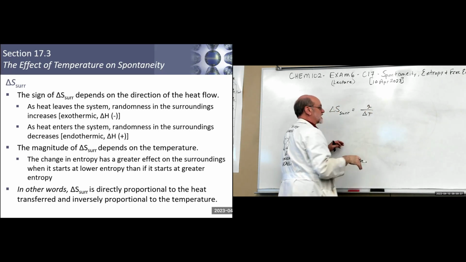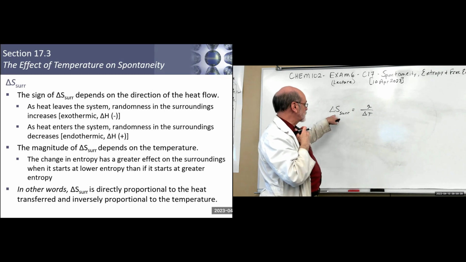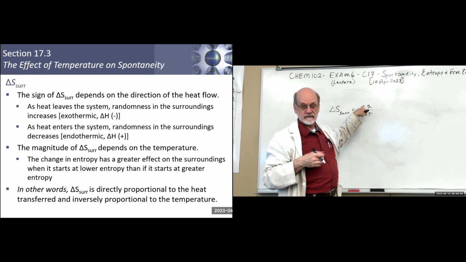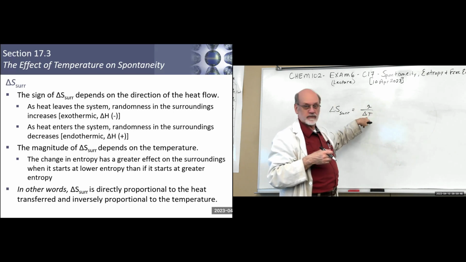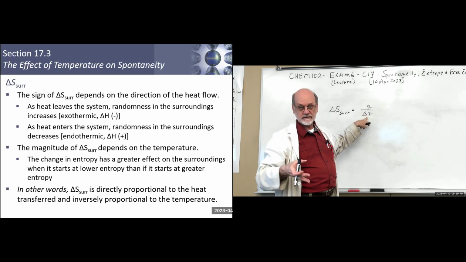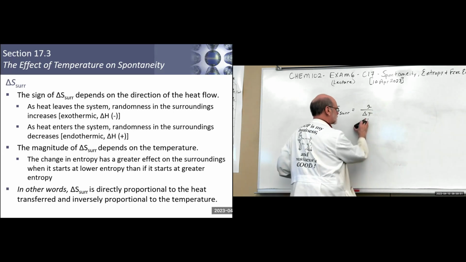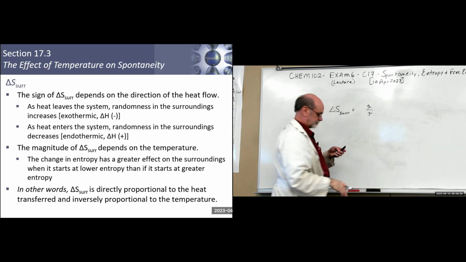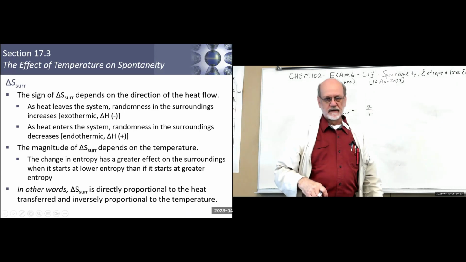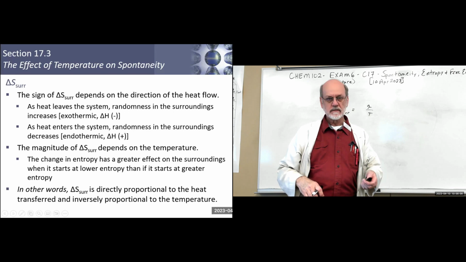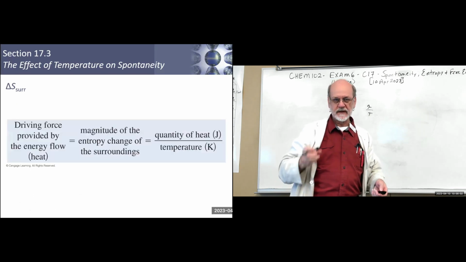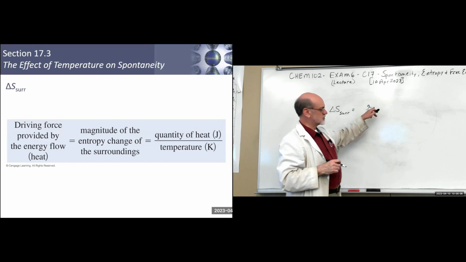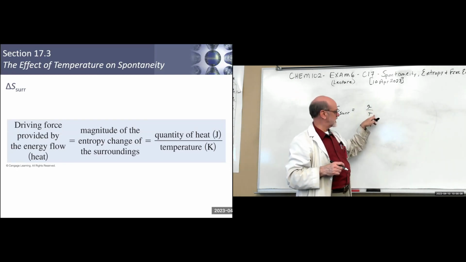So the entropy change in the surroundings is directly proportional to the heat transfer and inversely proportional to its temperature. That's really not temperature change, that's absolute T. So this is in terms of joules, and this is in terms of K.